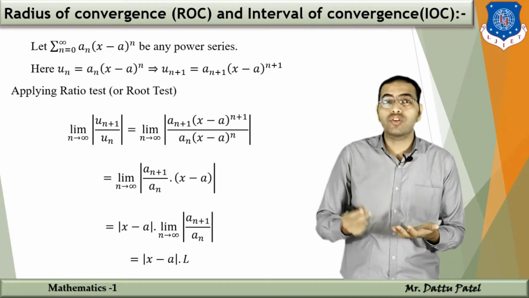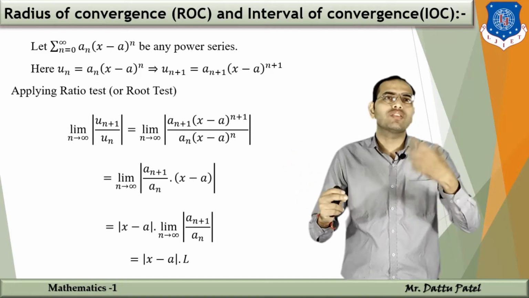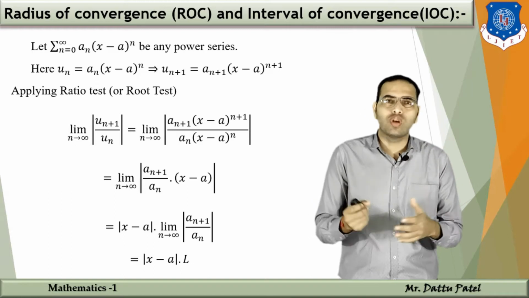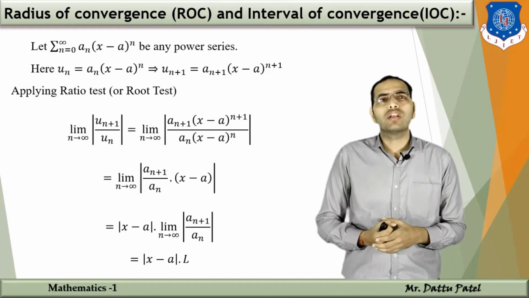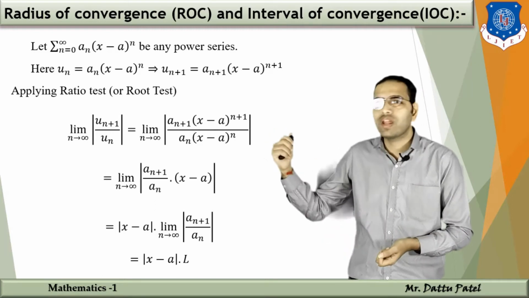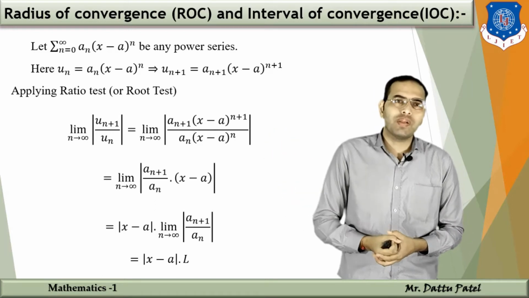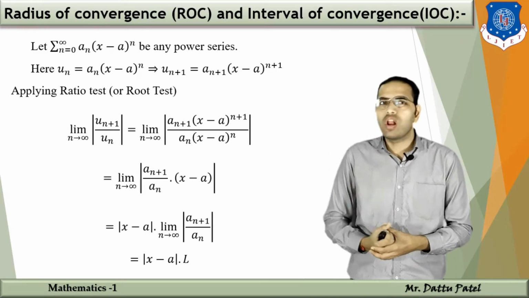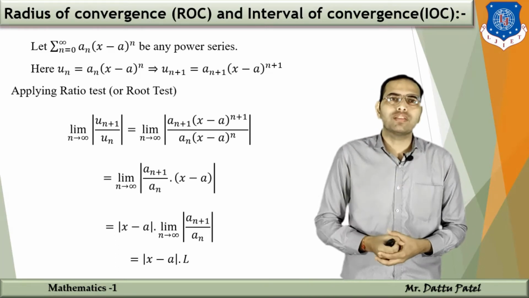You can take the ratio u_n upon u_(n+1) as well as u_(n+1) upon u_n as you like. Here I have taken the ratio in the form of mod of u_(n+1) upon u_n. Substituting the values of u_(n+1) and u_n and simplifying, it becomes modulus of a_(n+1) upon a_n into (x minus a).